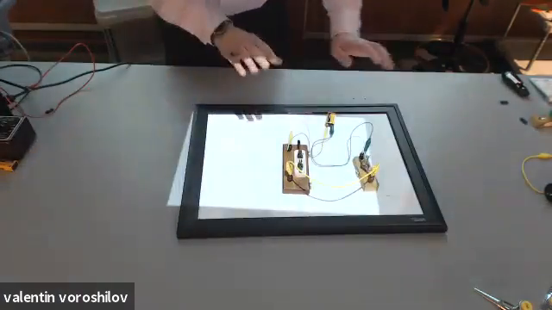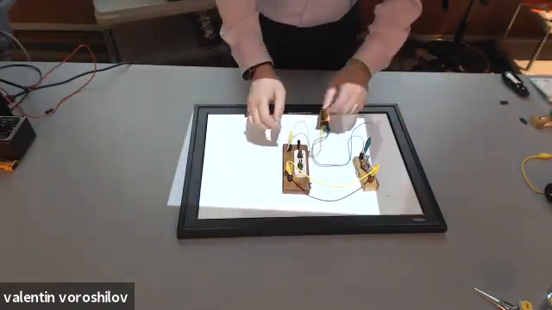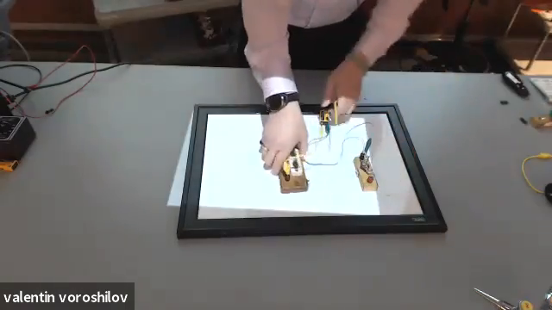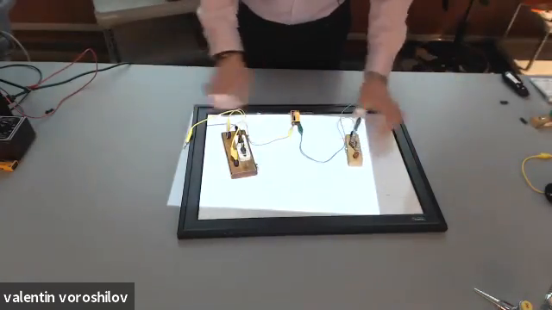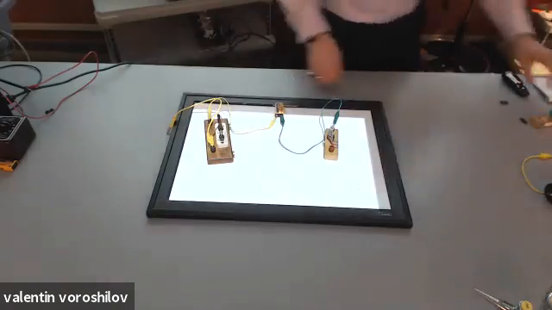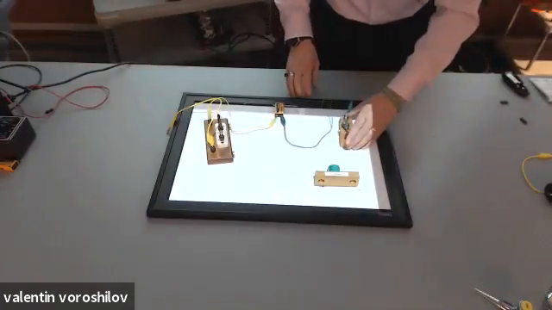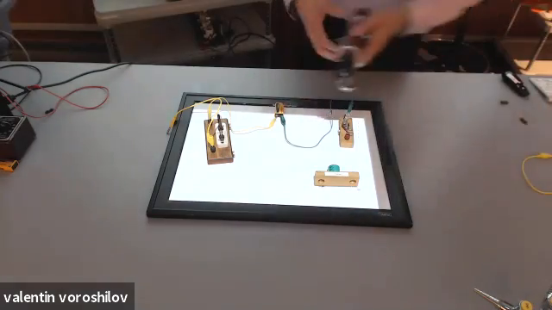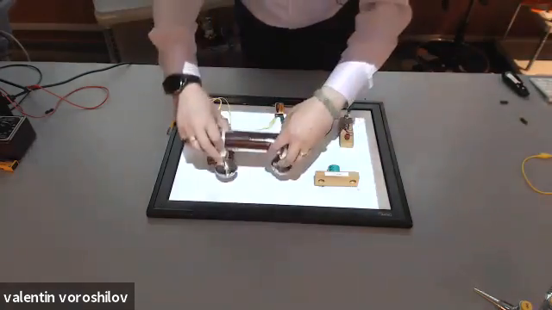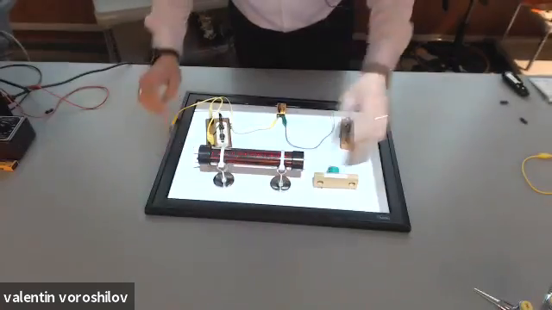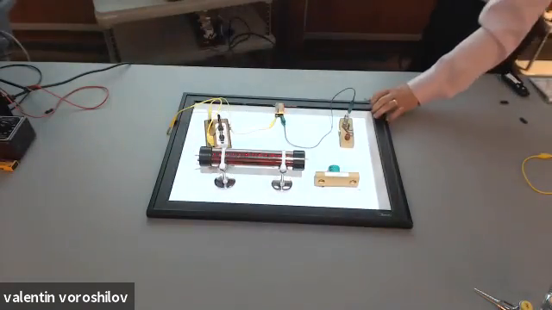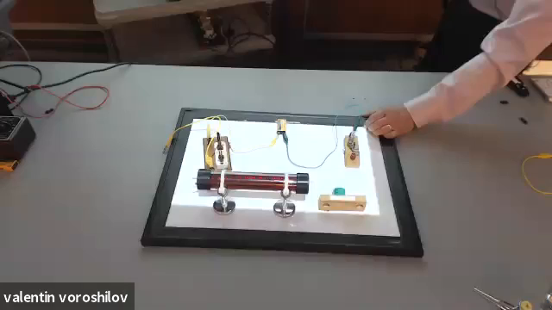All right. I want to show you another experiment, not related to voltage directly, but related to energy conservation. I want to add this capacitor in the circuit, and I want to see how those fictional positive charges, positrons, would move.